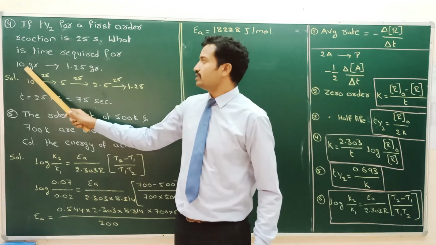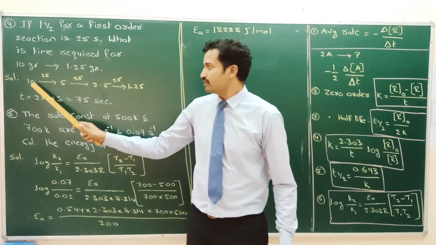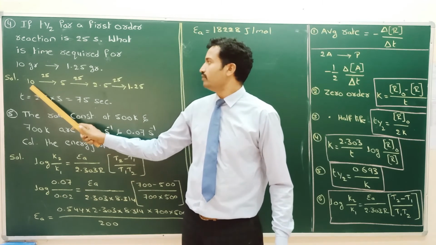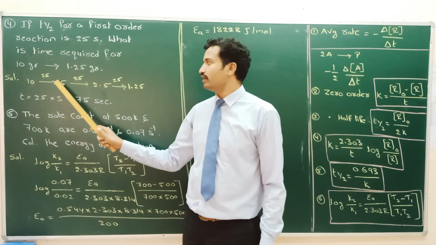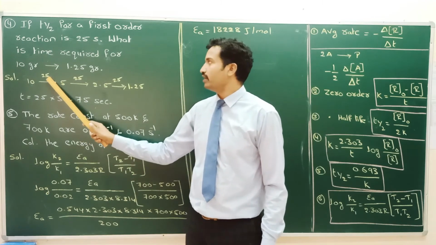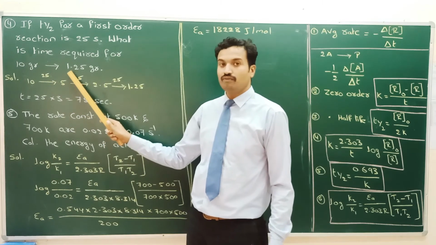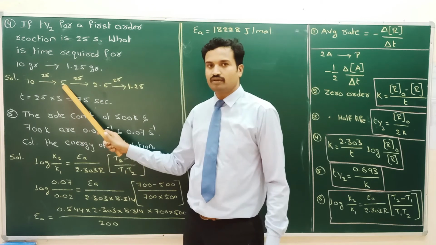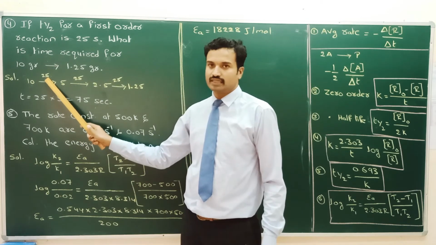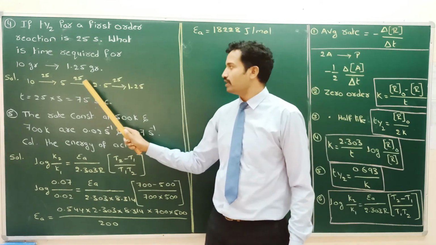Here the substance is converting from 10 grams to 1.25 grams. First, 10 grams to 5 grams, half-life 25 seconds is given. So 10 grams of substance is converted into 5 grams within 25 seconds. Now 5 grams of substance to 2.5 grams, the time is 25 seconds.